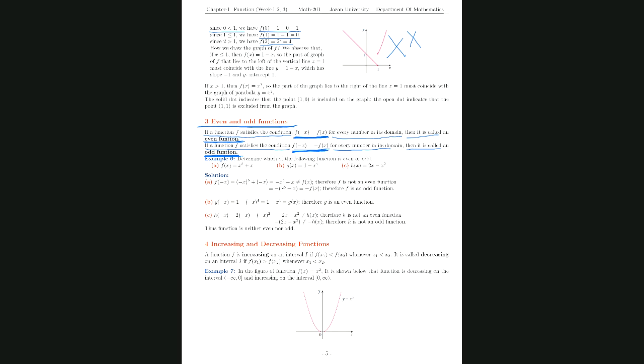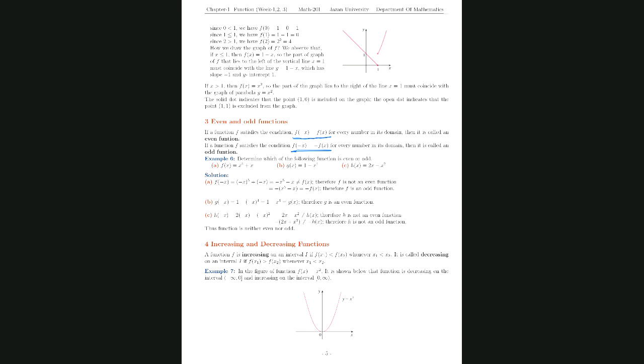If this condition holds, then the function is even. If this condition holds, then the function is odd. You just have to remember the condition. If f of minus x equals f of x, then the function is even. If f of minus x equals minus f of x, then the function is odd. Then how to check?